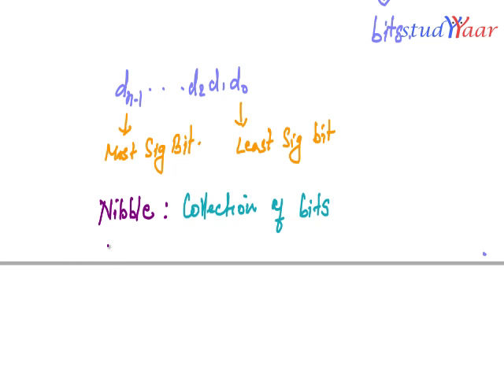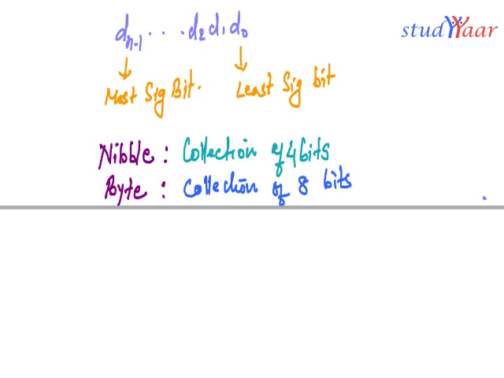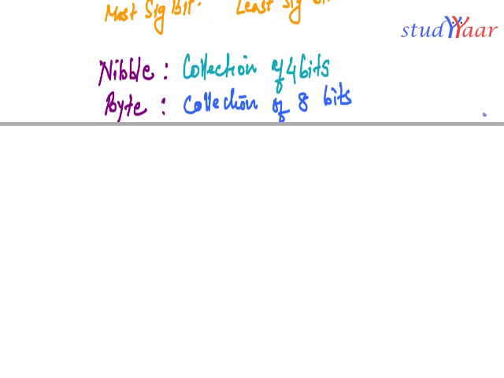Similarly, we have another term over here which is known as byte, and my byte is a collection of 8 bits. Okay, I think I have missed 4 over here. Okay, this is a collection of 4 bits and byte is a collection of 8 bits.